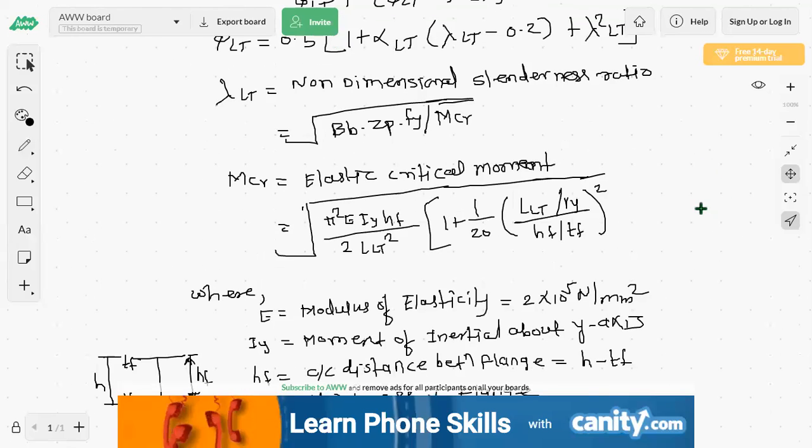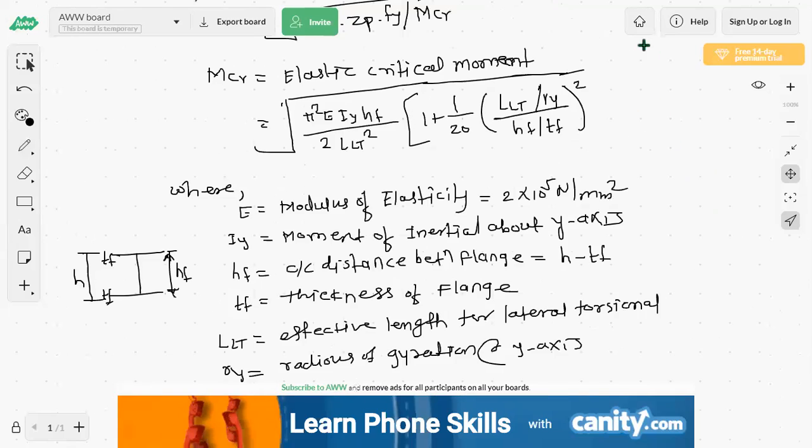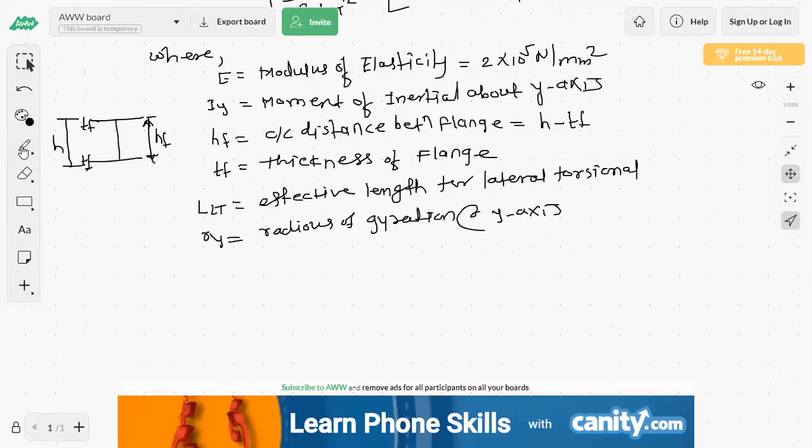And one more parameter is remaining, that is alpha LT.